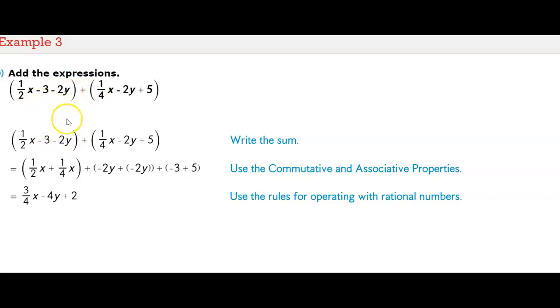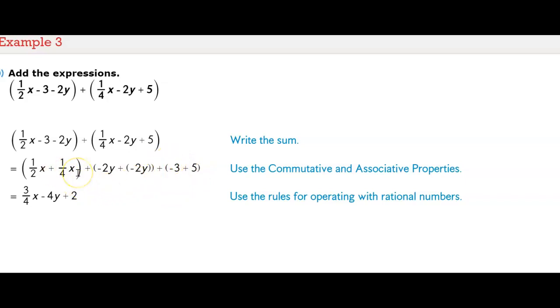So they took the like terms and combined them. So we have the 1/2 times x and the 1/4 times x, and they put them together. Then you have the minus 2y and the minus 2y here and group them together. Then you have the minus 3 and the plus 5, and they can group them together here.